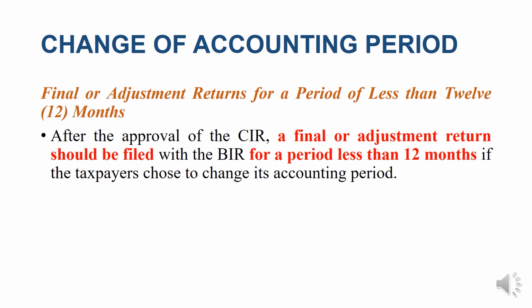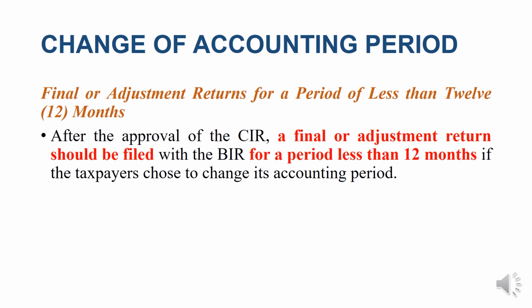So after the approval of the CIR, a final or adjustment return should be filed with the BIR for less than 12 months if the taxpayer chose to change its accounting period. So for example, if the taxpayer, a non-individual taxpayer, is currently using a calendar year, then suddenly it decided to change to use a fiscal year.